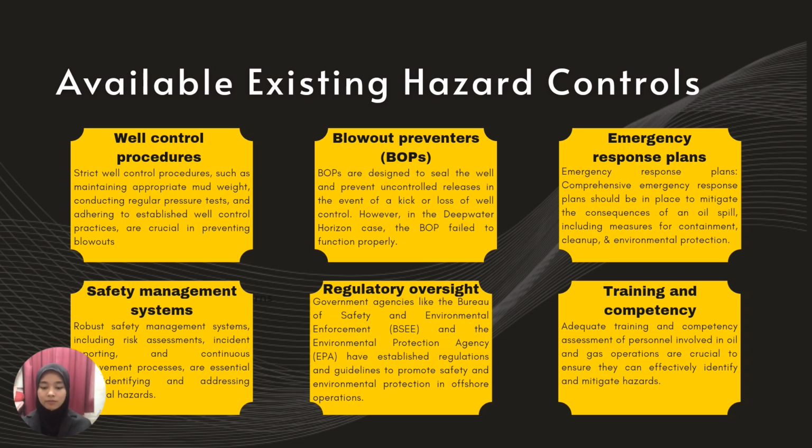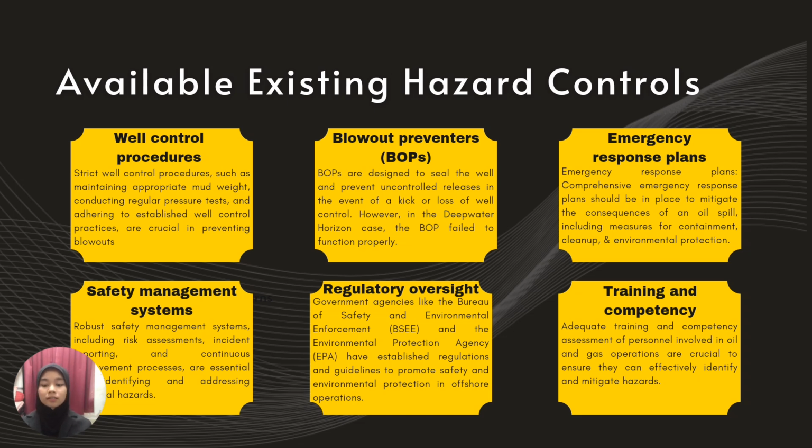Next is regulatory oversight. Government agencies like the Bureau of Safety and Environmental Enforcement (BSEE) and the Environmental Protection Agency (EPA) have established regulations and guidelines to promote safety and environmental protection in offshore operations.